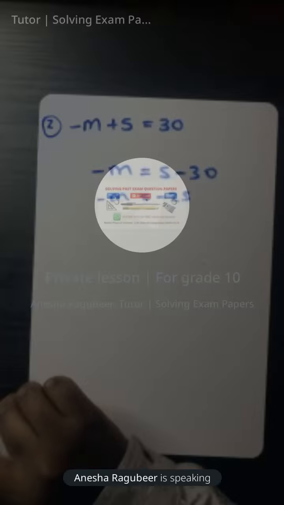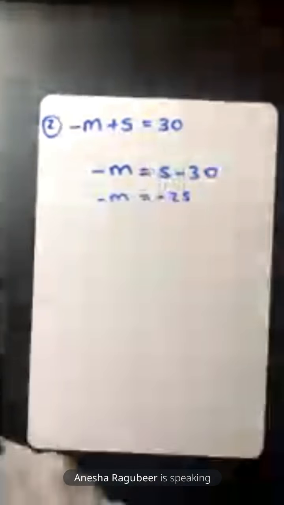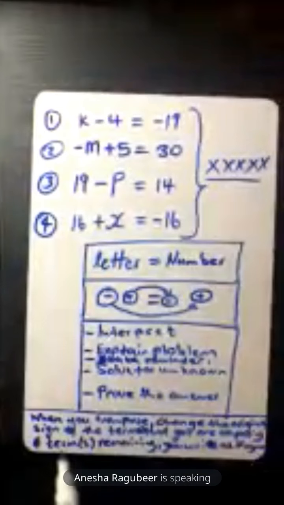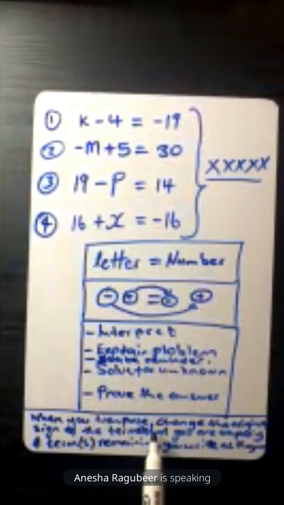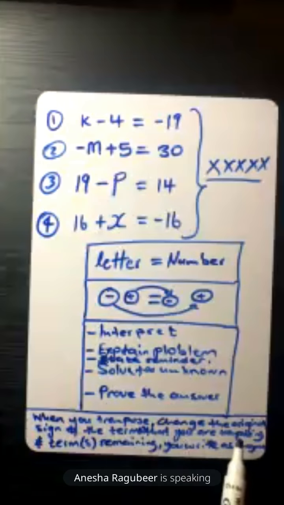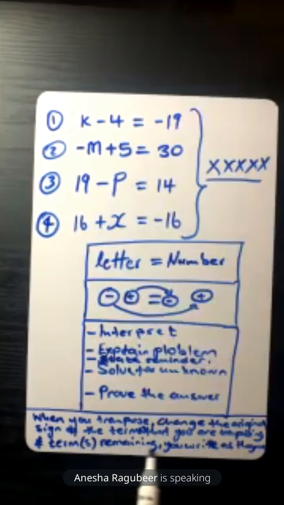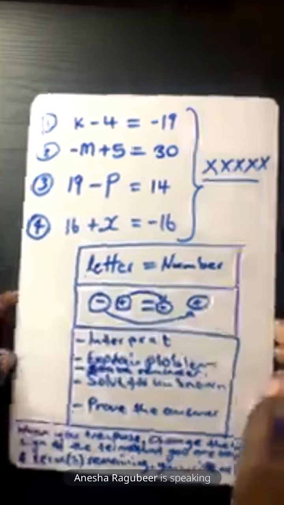Shreyas, are you still there? Yes, sir. So did you get that part? Based on that reminder of ours, we are saying when you transpose, change the original sign of the term that you are transposing, and the term or terms remaining you write as they are.